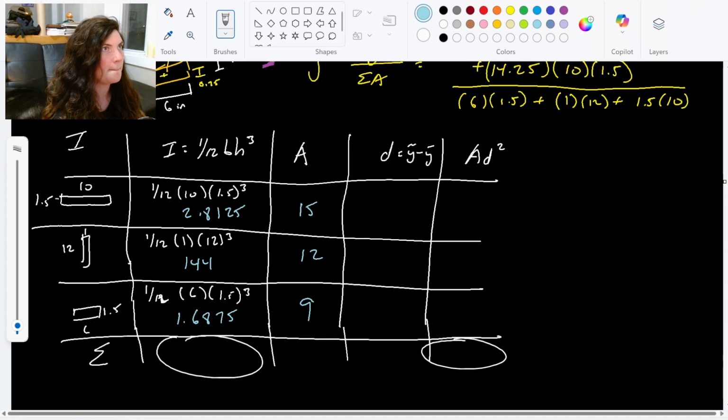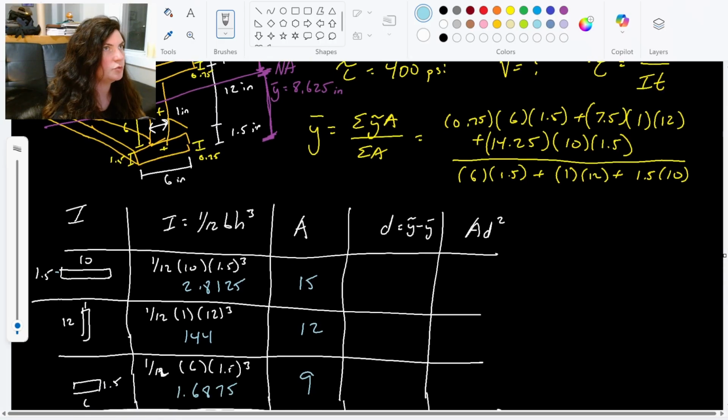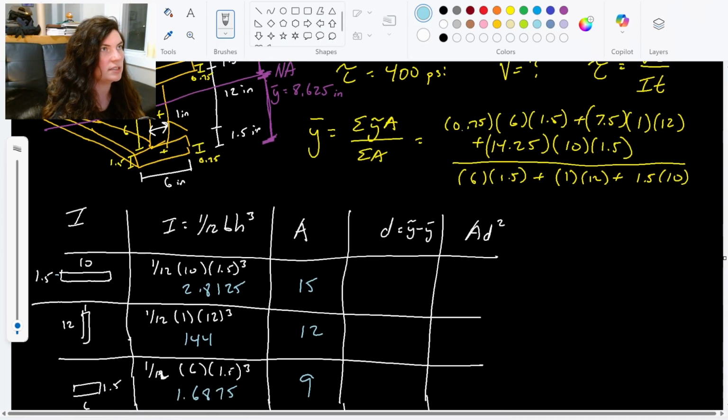is 9. And then for my D's, I'll need to find the centroid of each of those, which we already have. We found the centroid for each of those was, for my top guy, 14.25. For my middle guy, he was 7.5. And for my lower guy, he was 0.75.